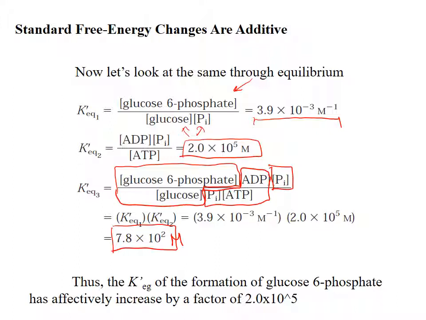So when coupling these two reactions together, we effectively increased the equilibrium constant by a factor of 2 times 10 to the fifth. Right?